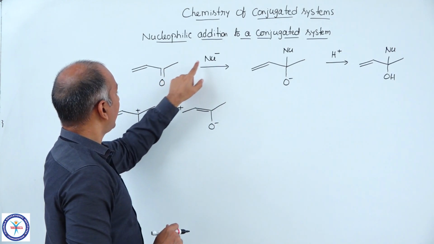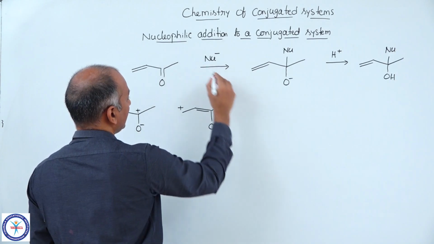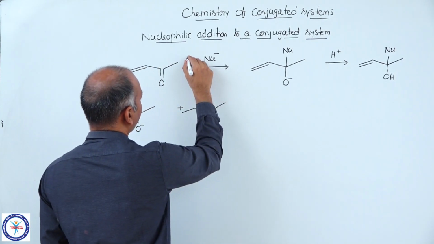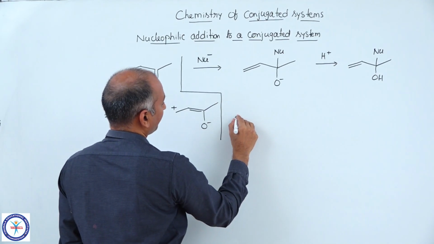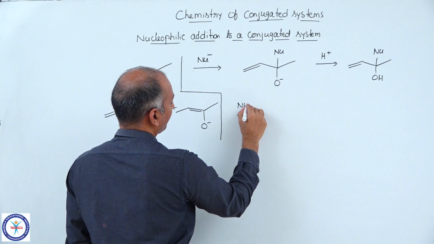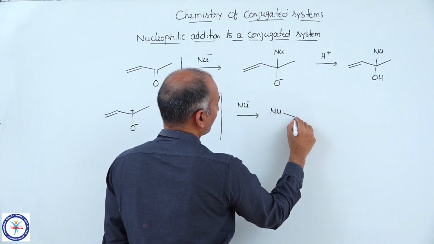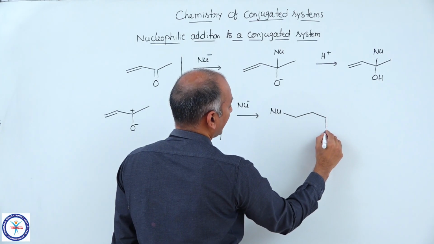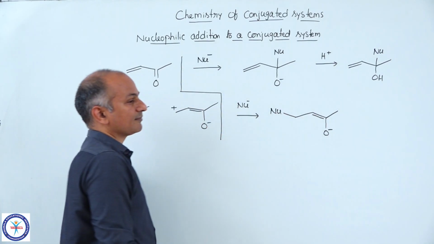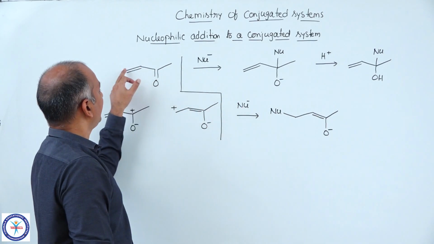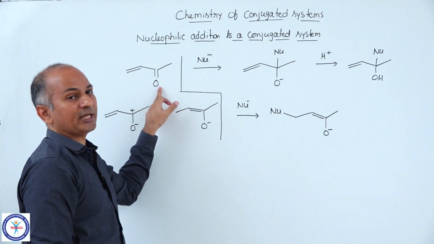Now, suppose the same nucleophile attacks this carbon, then what happens? You see, first you will get Nu, and here O minus, here double bond. The nucleophile attacked C4, and then this pi bond is shifted here, this pi bond is broken here.